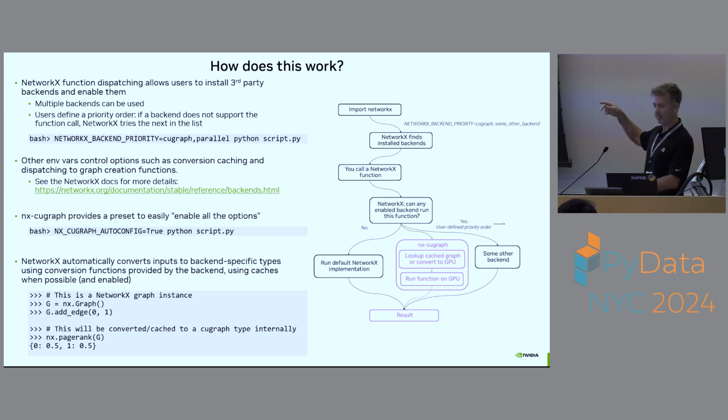What it really does is internally expand to about three configuration options that, if you're using other backends, give you fine-grained control: I don't want to use caching, or I do, or I don't want to dispatch to graph generators, or I do, and so on and so forth. In most cases, they just want all those things on. So cugraph gives you nx-cugraph autoconfig true, which just turns everything on for you. And you can combine that with the other options, which you can read about in the NetworkX docs. That should all work too.